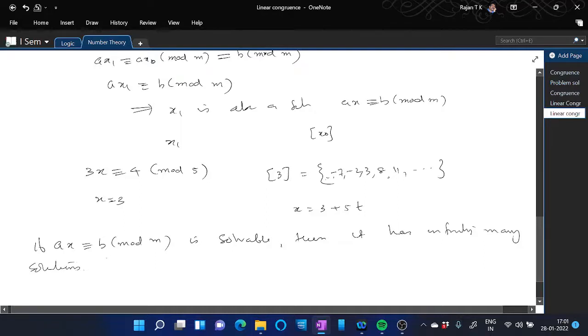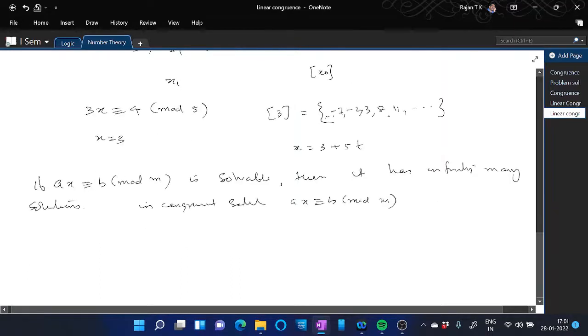But we are not interested in the same solutions in the same congruence class. We are interested in finding incongruent solutions to Ax congruent to B mod M if it is solvable. How many incongruent solutions are there?